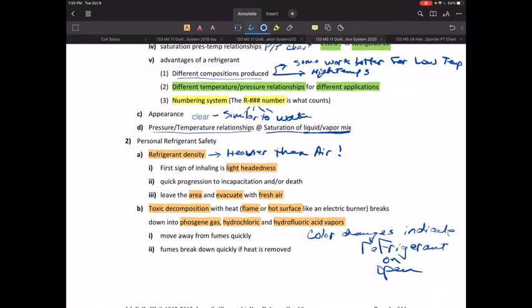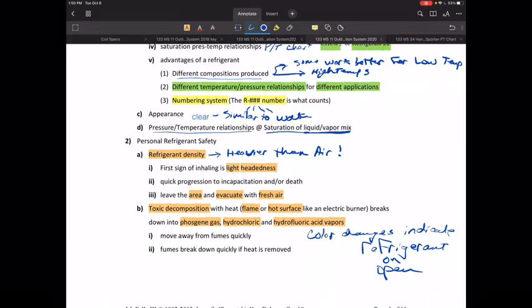All right, so what do we do? Move away from the fumes quickly. One of the things that has to be a concern for us is if you are not moving away from the fumes, as you see that, obviously that's telling you, if you're recognizing a color change, or you're recognizing maybe an odor that isn't pleasant, that would be one of those things where you'd want to make sure that you're displacing those refrigerants.